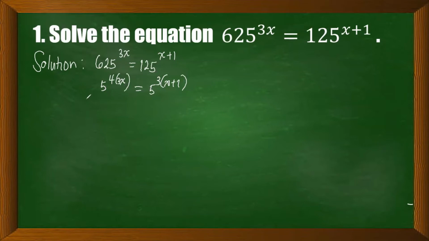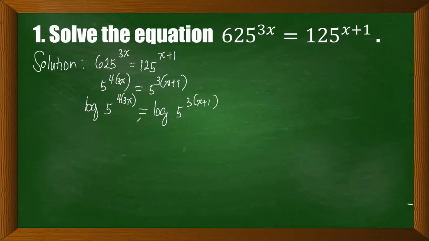Now, taking the logarithm of both sides, we have log of 5 raised to 4 times 3x is equal to the log of 5 raised to 3 times x plus 1.